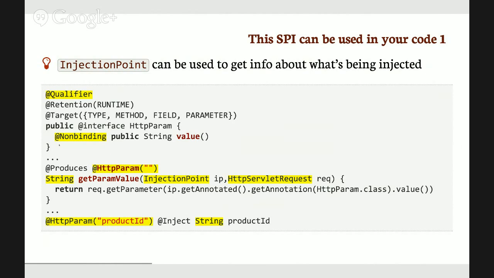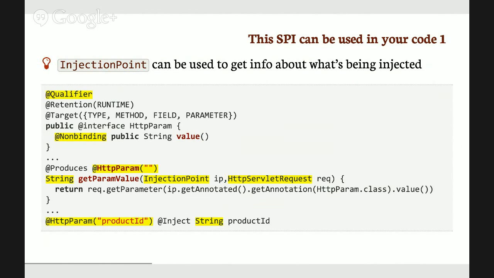We have here a producer that will be used to produce all the beans of type String with qualifier HTTP param. So you see, we only have to add the empty string because it's non-binding, but we have to put it because it's requested by the annotation.